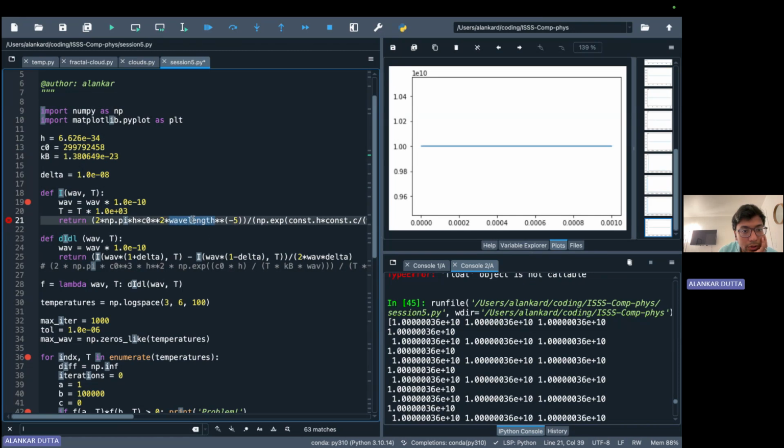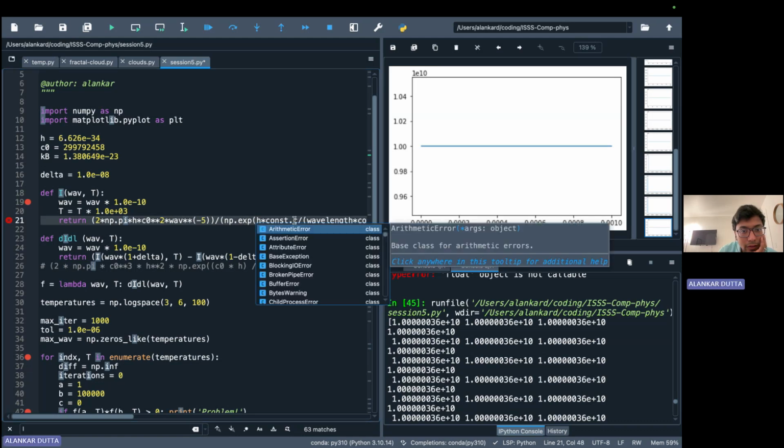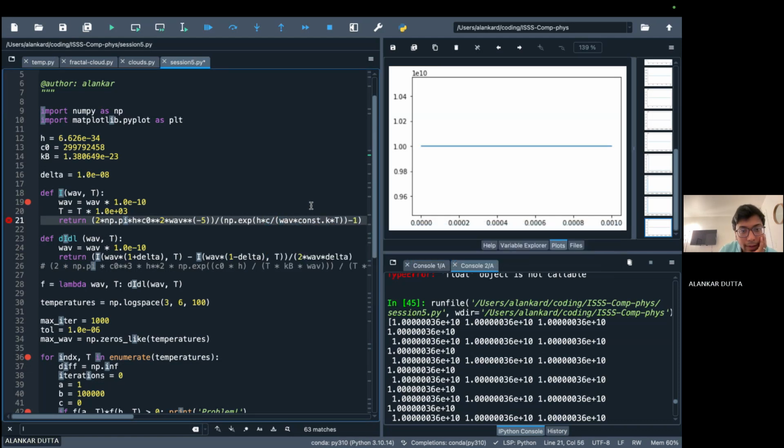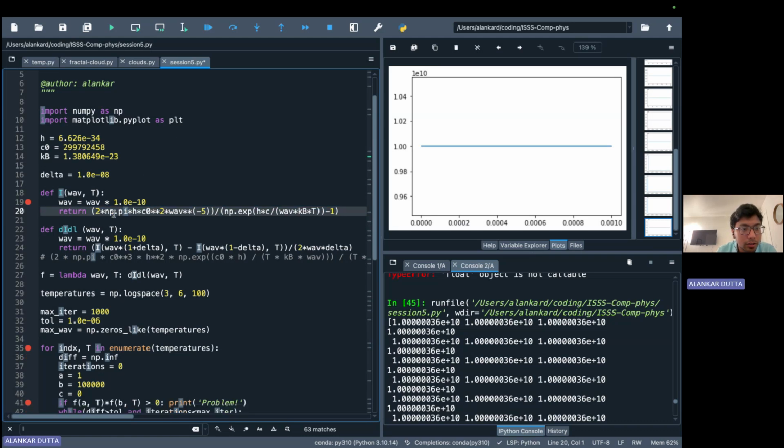Wavelength should be wave h times c, b times t. Yep. So we'll not use this one as well. And let's see.